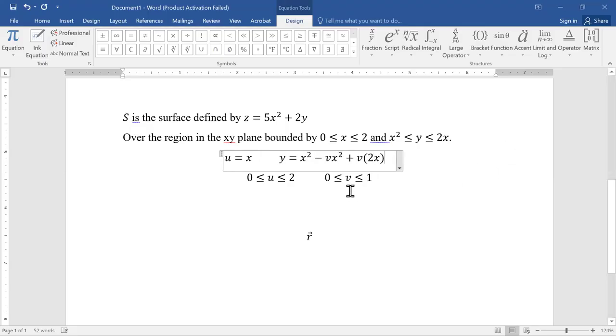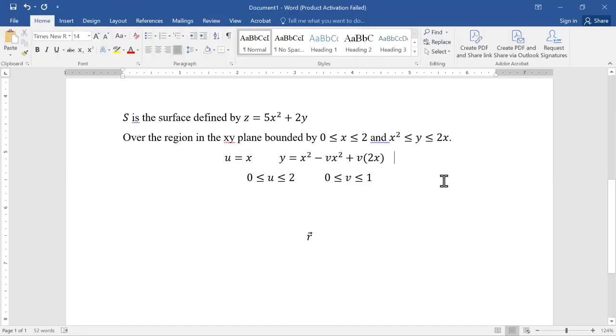That way, when v is 1, it clearly cancels out the x squared and then adds a 2x. So if we let our y be this thing, then we span from y equals x squared all the way up to y equals 2x.